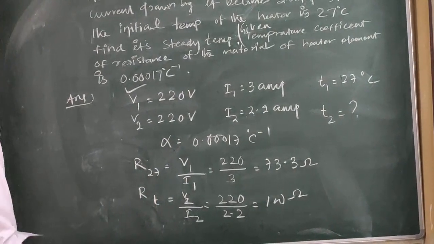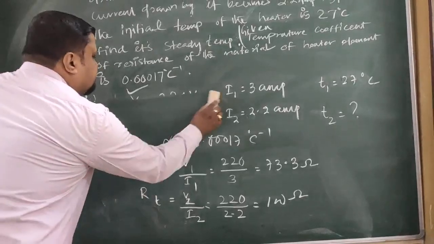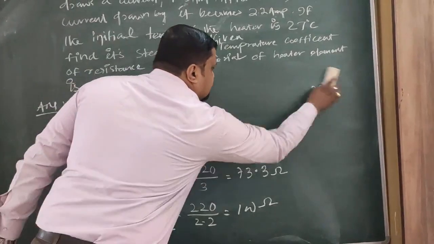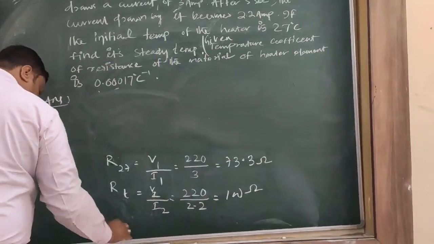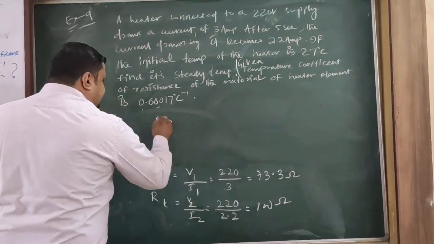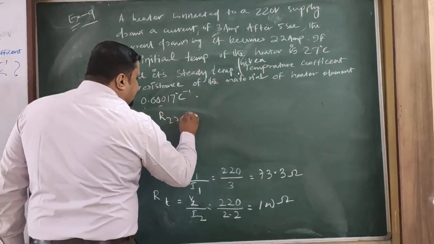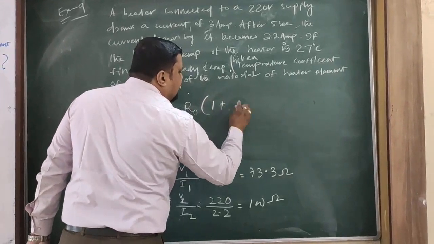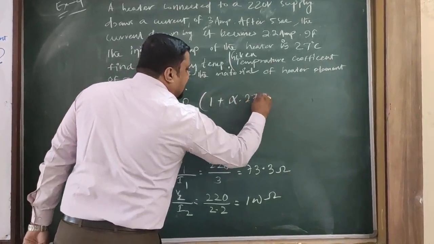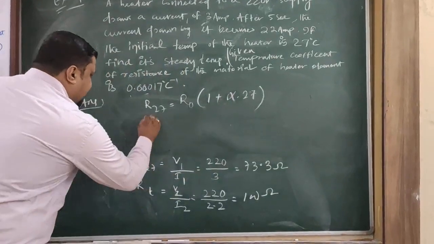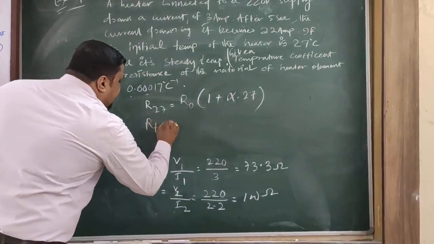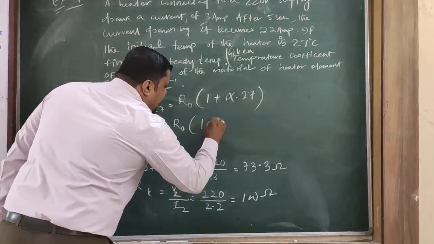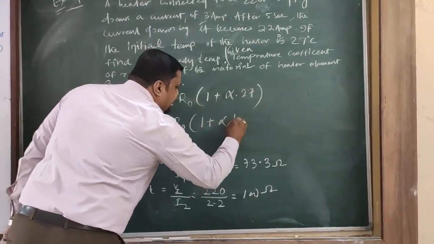Now use the formula: R27 is equal to R0 into (1 plus alpha into 27), and RT is equal to R0 into (1 plus alpha T).